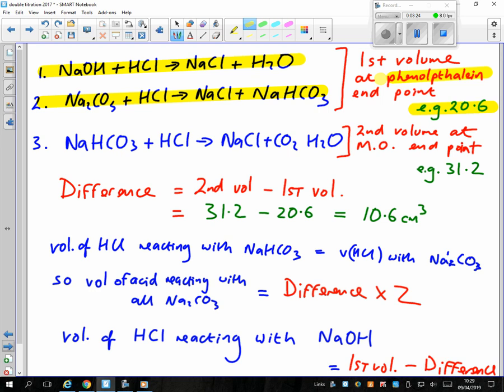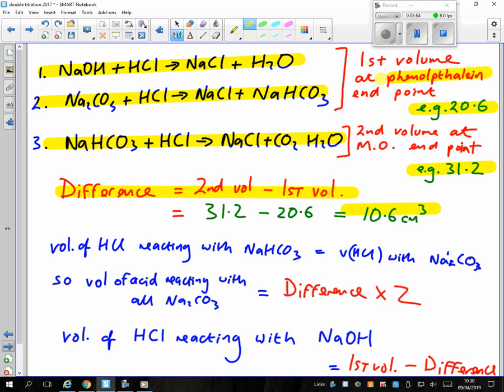Then at the second endpoint, the methyl orange endpoint, you've got the second part of the sodium carbonate reacting, and my example result is 31.2. The difference between those 2 volumes is really important in this calculation. The difference is the second volume minus the first volume, and in my case, that's 10.6.